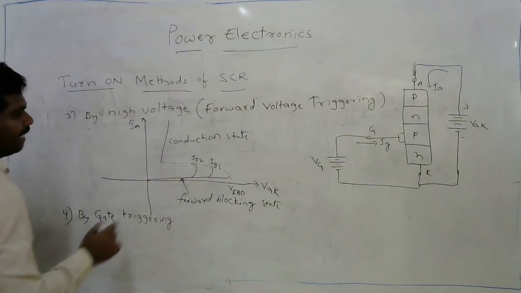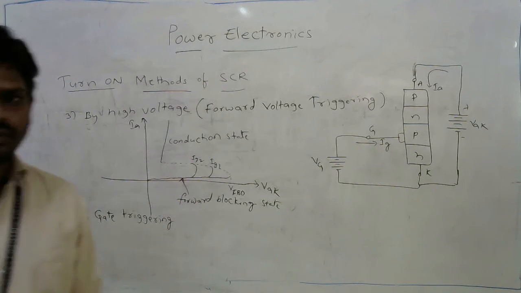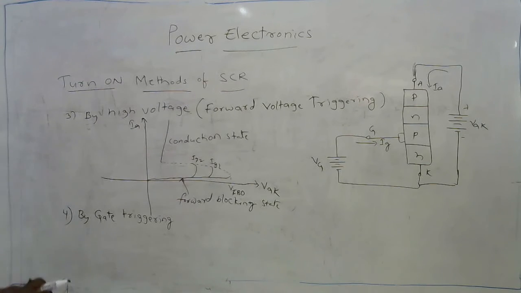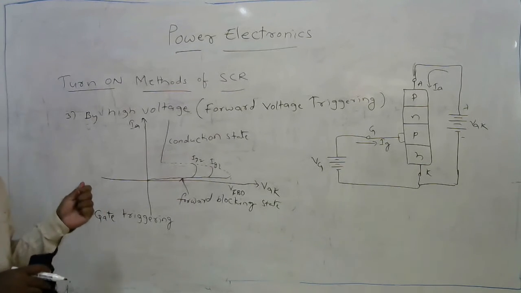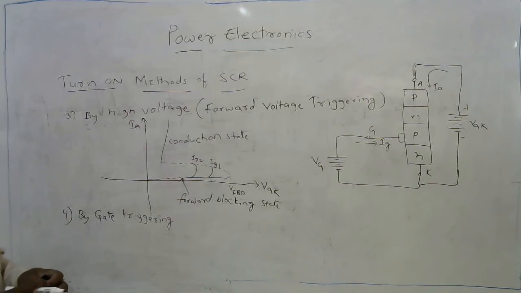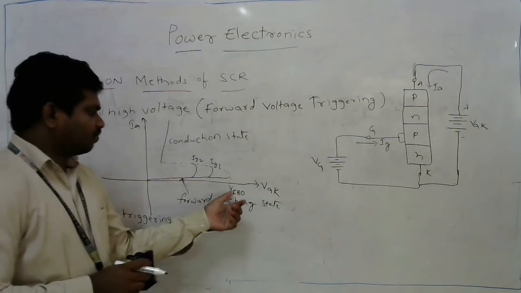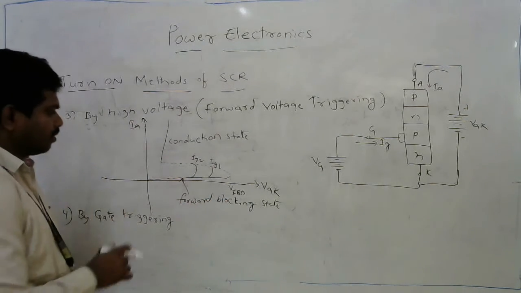Like that, when you increase the voltage to the gate terminal, we get the conduction state earlier as compared to the forward breakover voltage.